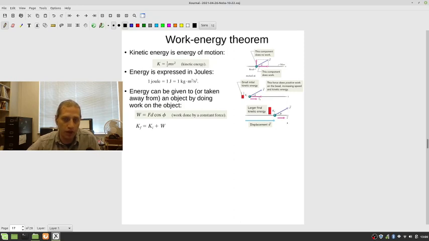Otherwise, it won't cause a change. This is what that extra cosine of phi comes from. But if you just have force and distance in the same direction, cosine of 0 is just 1, so that term goes away.